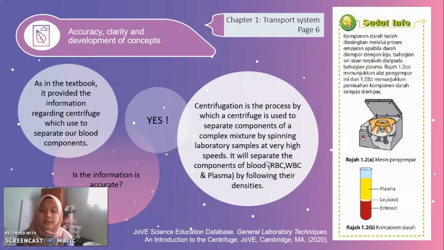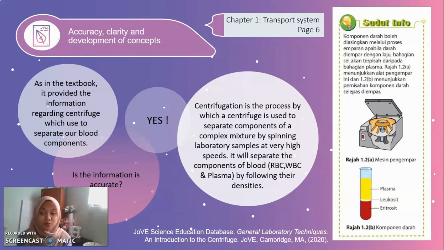It will separate the components of blood, RBC, WBC, and plasma, by their density. As we look at this picture, it has erythrocyte, leukocyte, and plasma, which are other names for RBC, red blood cell, WBC, white blood cell, and plasma. It shows that the textbook has provided accurate and clear information on this particular topic.